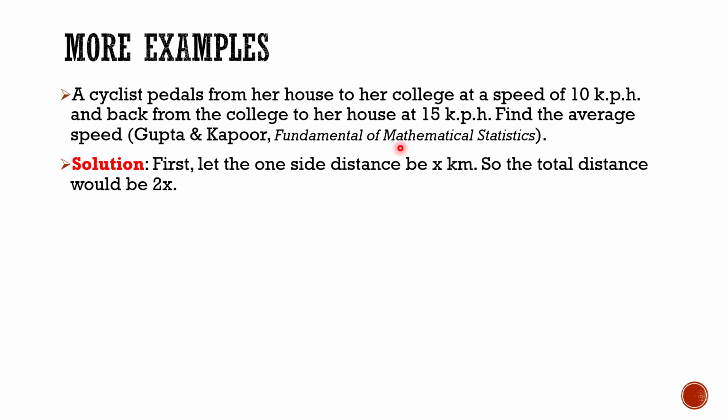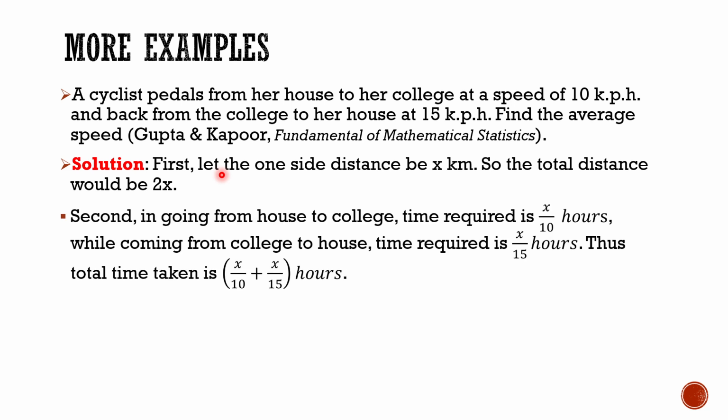What is the solution? First of all, let the one side distance be x kilometers. So if you add up both sides' distance, that would be 2x. Second, in going from house to college, what is the time required? Time can be calculated using the formula speed is equal to distance upon time.